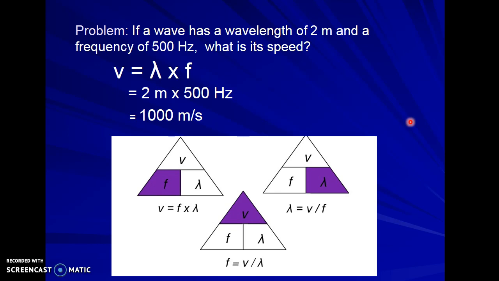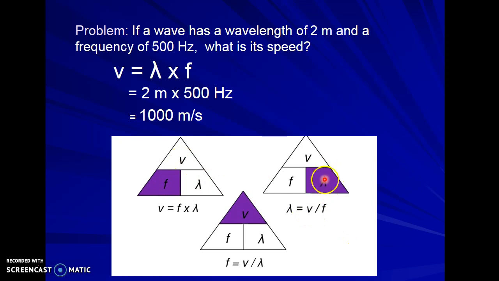So just like when we were dealing with density earlier this year, we can take v equals lambda times f and put it into our triangle. So notice if I were to solve for speed here, I cover it up and I have frequency times wavelength.